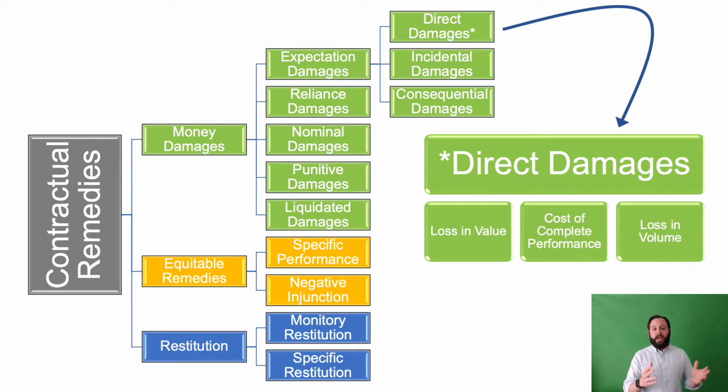So let's dive in and learn how to calculate loss in value as a measure of direct damages, and we'll do that from the basis of understanding the purpose of contracts as a way to increase one's value, and that will help us understand how to determine what was expected and compare it to what was actually received, thus calculating loss in value as a measure of direct damages.